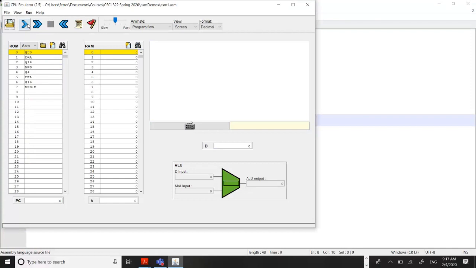All right, so I say @50. Now A is 50, and my program counter advances to 1. That line 1 is highlighted in yellow. D equals A. So now A is 50 and D is 50. Also very interesting, my ALU has an MA input of 50 and an ALU output of 50.